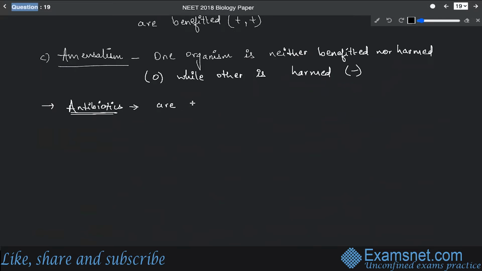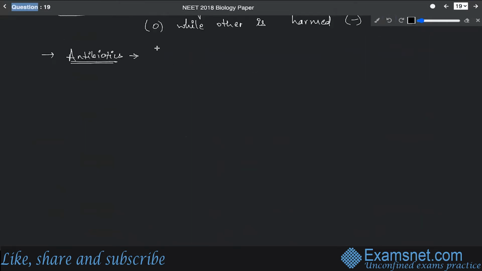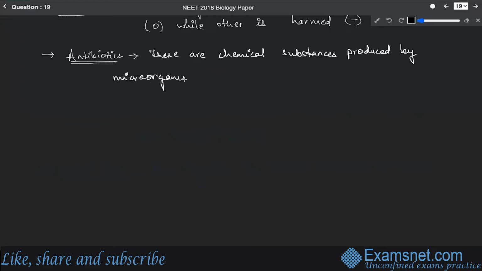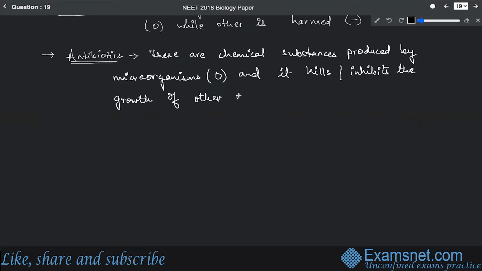So these are the chemical substances produced by microorganisms, and these microorganisms are neither benefited nor harmed by those chemical substances, and they kill or inhibit the growth of other microbes.